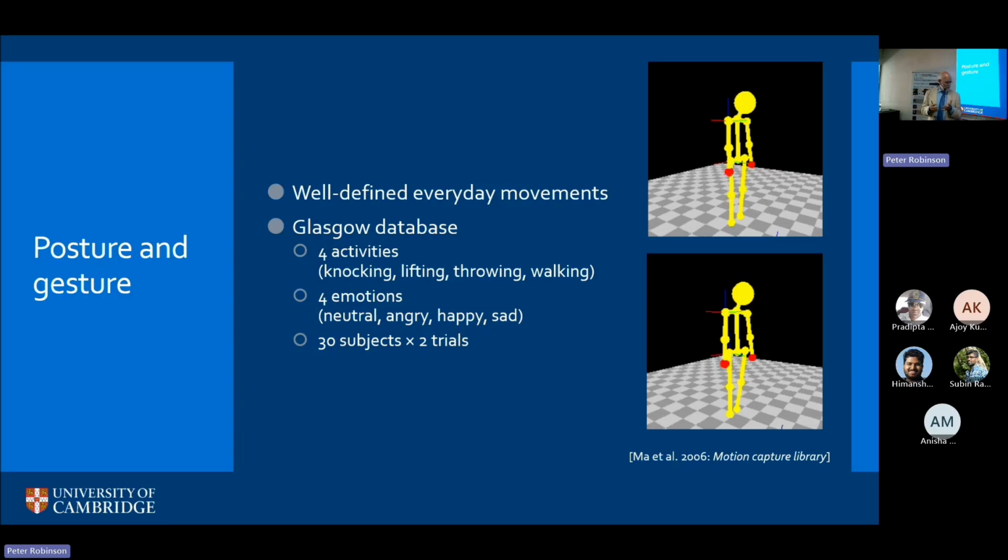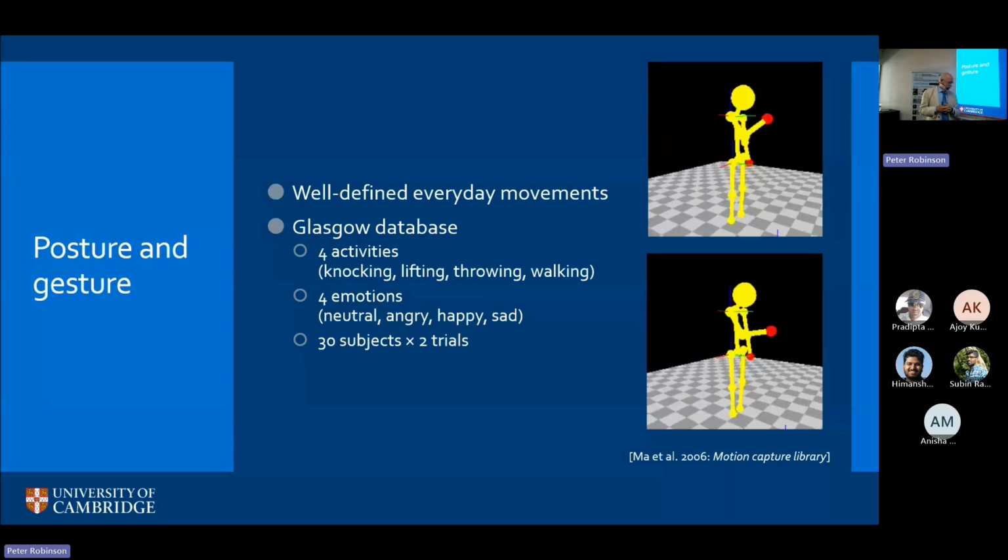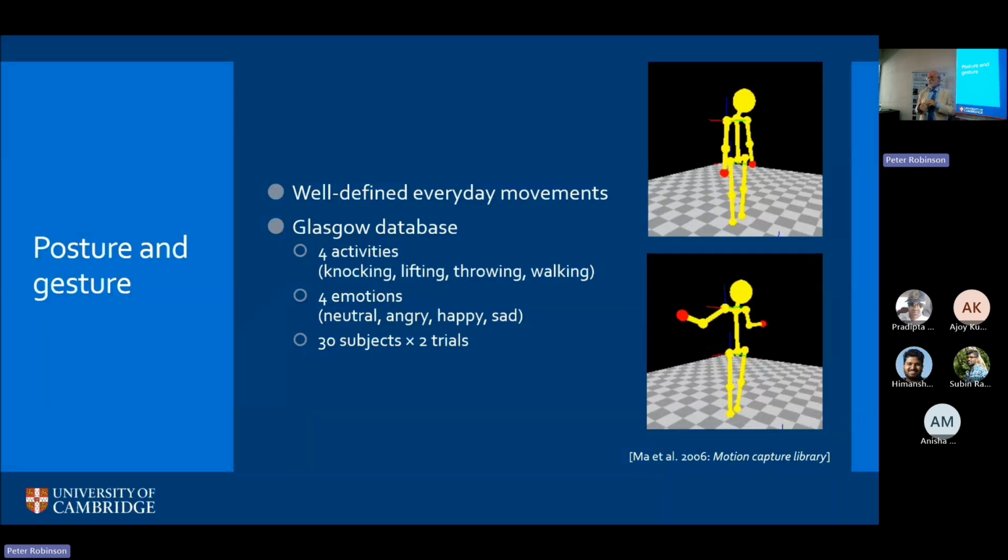And they did it in 4 different ways: a sort of a neutral emotion, an angry emotion, a happy emotion, and a sad emotion. And they recorded video for 30 subjects who did 2 of each of these 4 emotions for 4 activities. So 30 people recording 32 videos each, so about 900 bits of video.